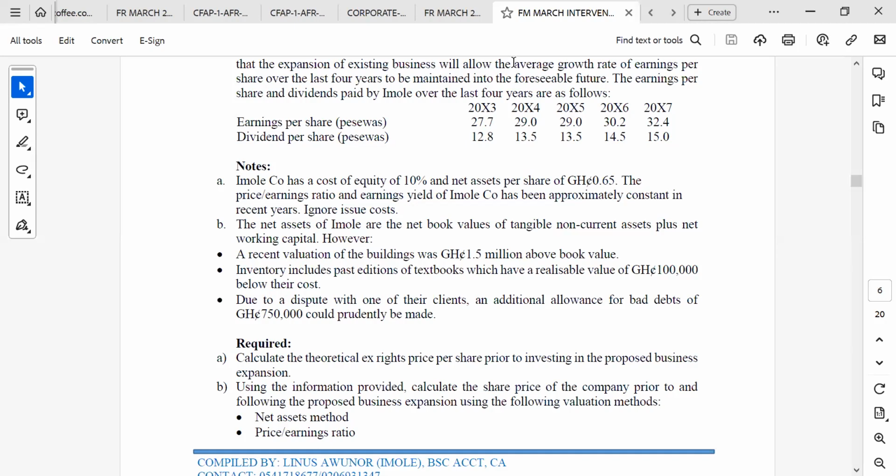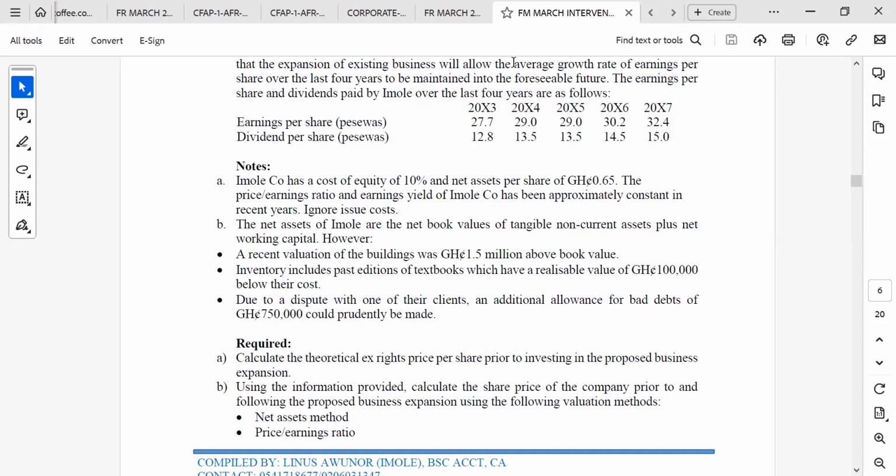They say that Imoleco has a cost of equity of 10% and net asset per share of 0.65. The price earning ratio and the earnings yield of Imoleco have been approximately constant in recent years. Ignore issue cost. So they are giving you net asset per share.